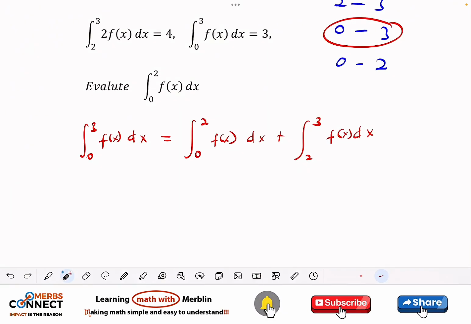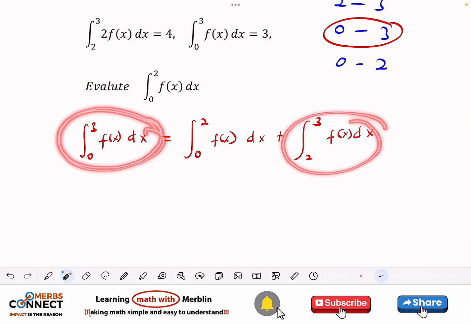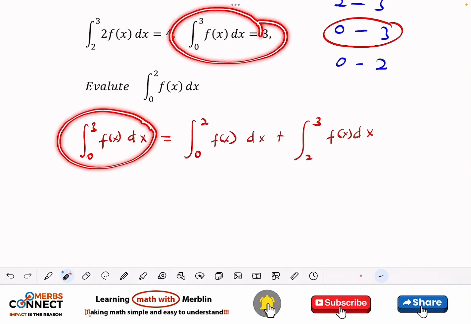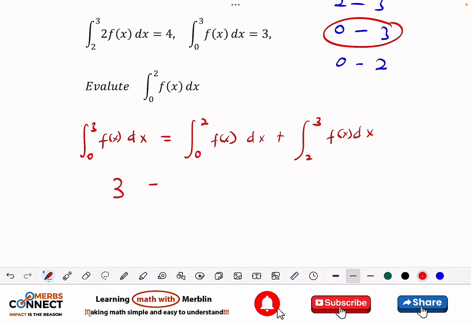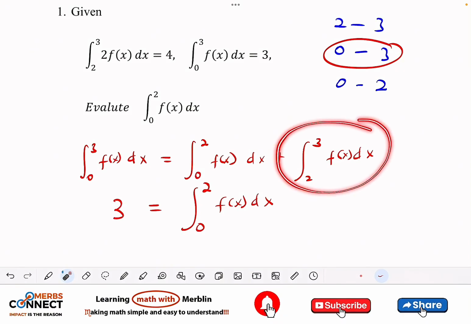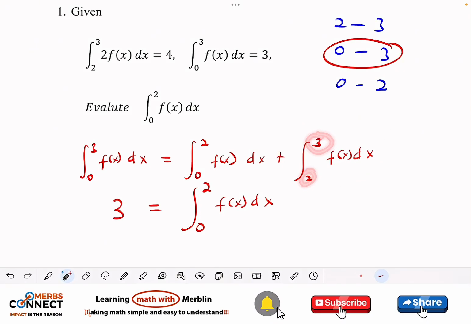But the question is asking us to find this. But the question is, do you know this and do you know this? Let's go and find out. So I think we have this here, which is right here, right? So we know that this is 3, which is equal to this one we don't know. But we have the one which has interval from 0 to 3 and 0 to 3. But this one is multiplied by 2. So what I'm going to do is pick this one and make sure that I don't have the 2 there.